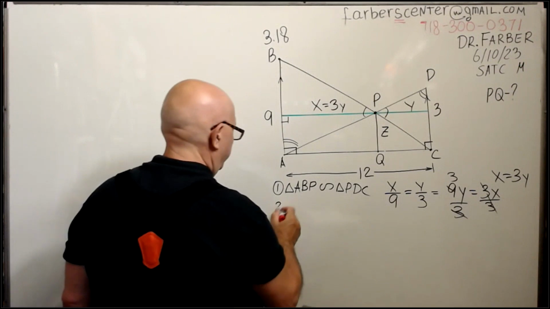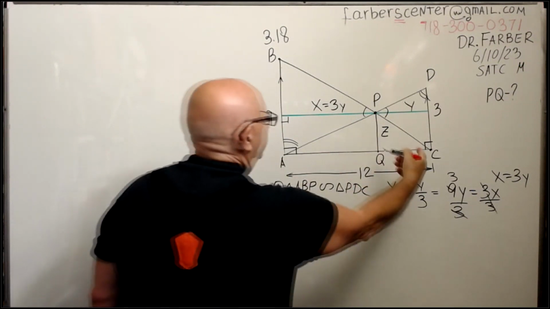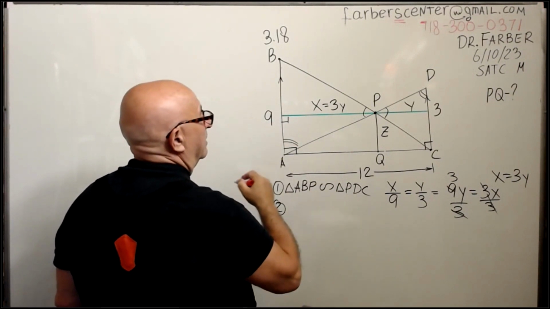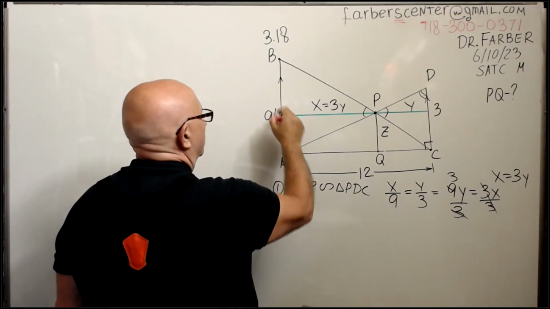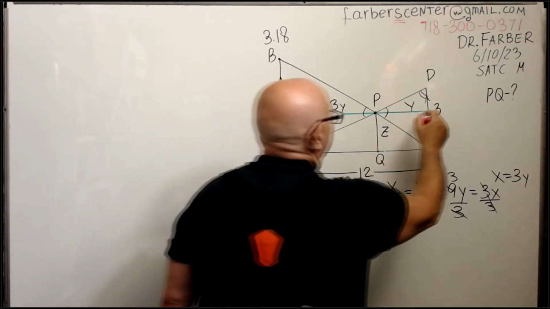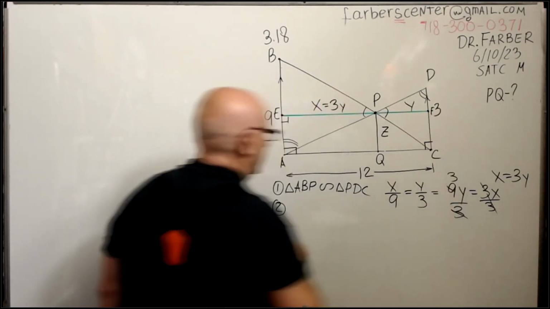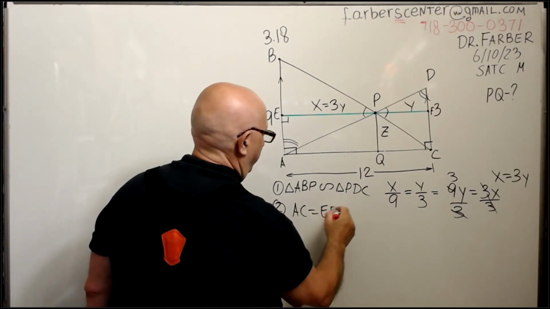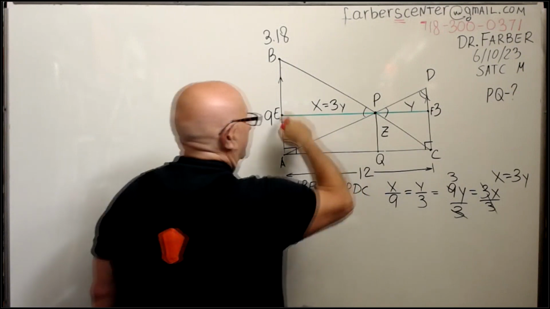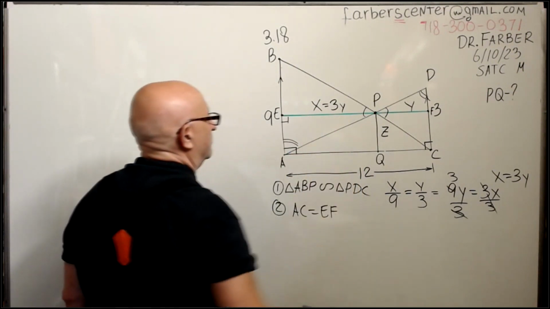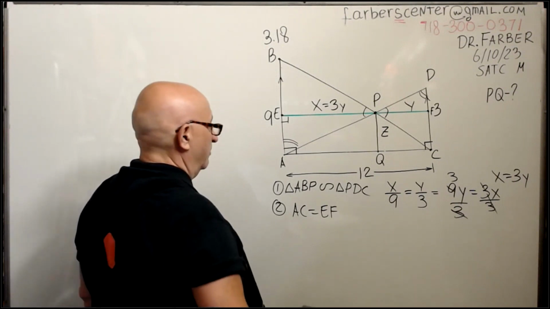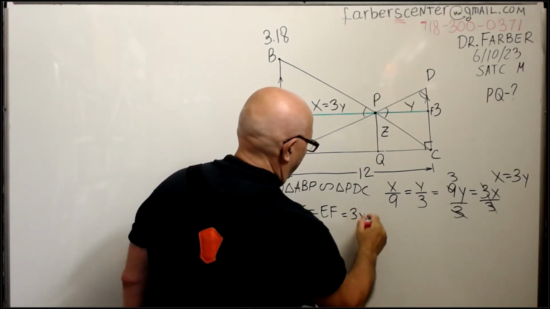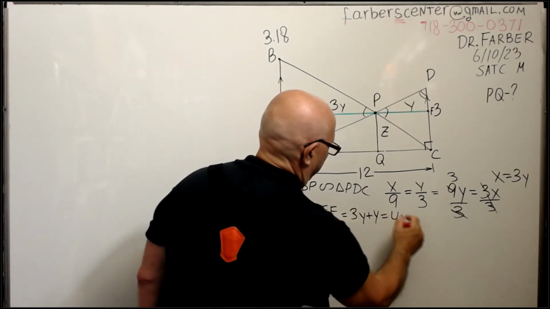Step number 2. AC equals, what is it? A, B, C, D, E, F. AC equals EF, Y. Opposite sides of a rectangle. From one side it equals 3y plus y, which is 4y.